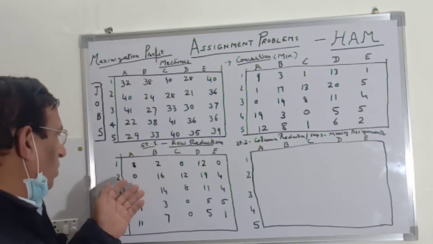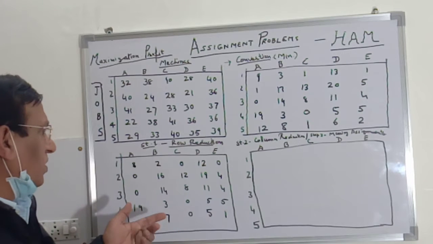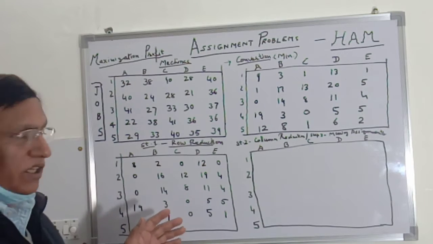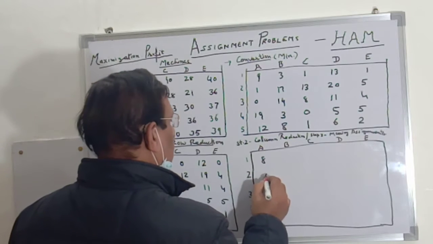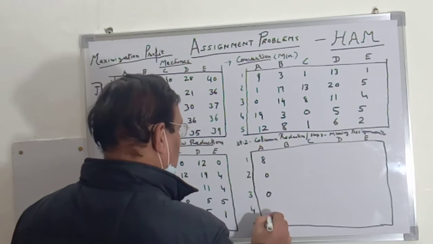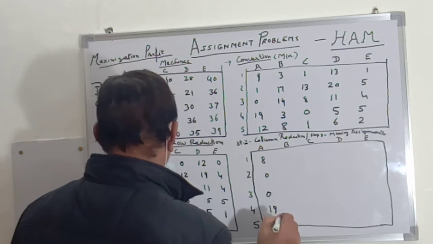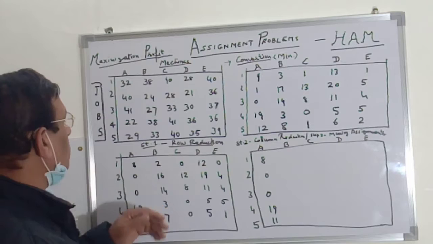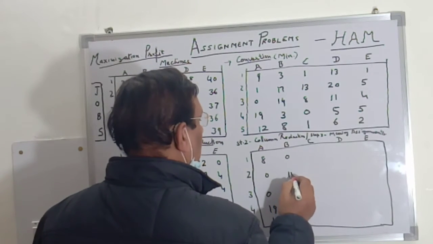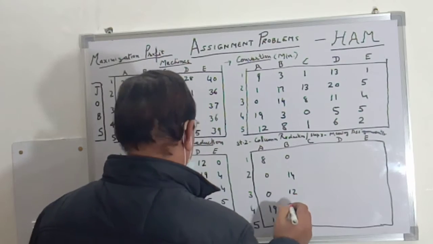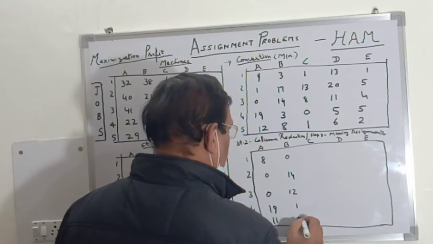After row reduction, the next step is column reduction, selecting the minimum element from each column and subtracting it from all the elements of that column. If there is a 0, no need to change. So 8, 0, 0, 19, 11. Second column, minimum is 2: 0, 14, 12, 1 and 5.